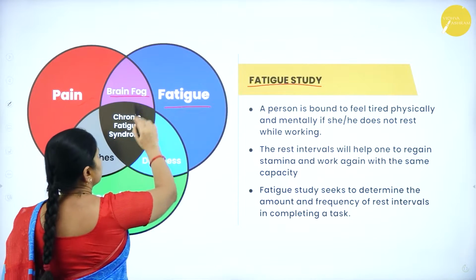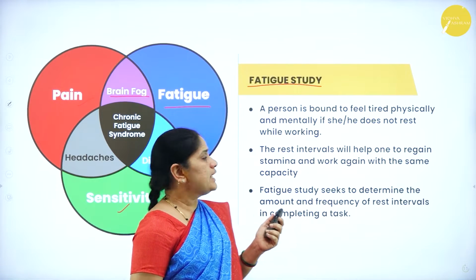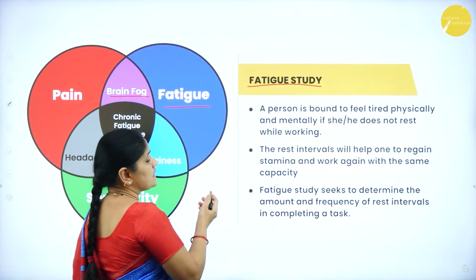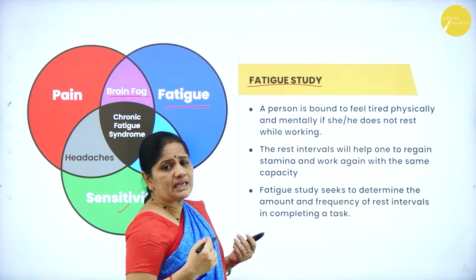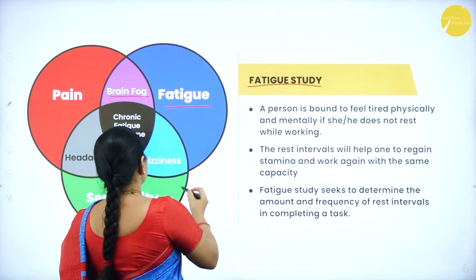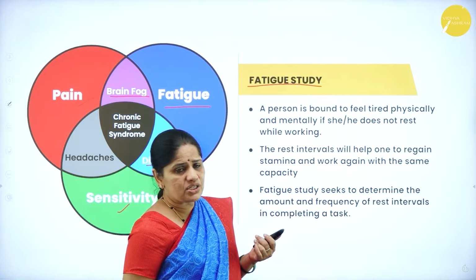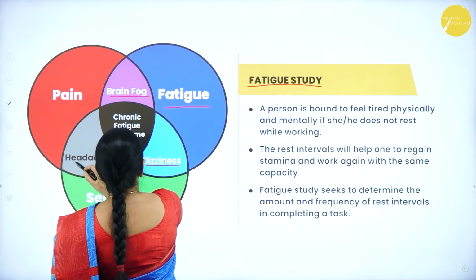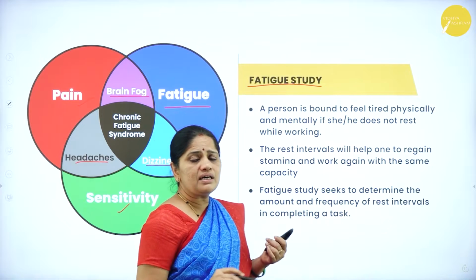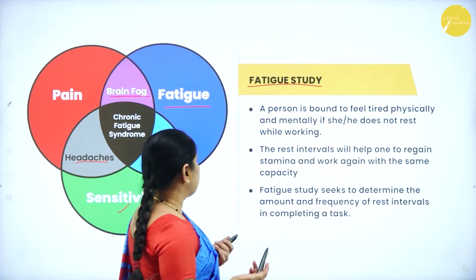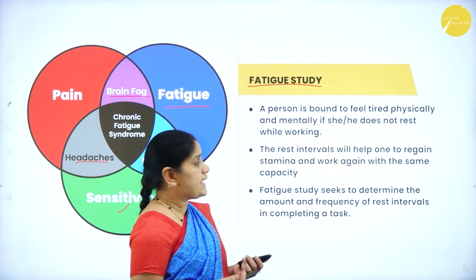The brain fog. Once he is tired, he will have brain fog. That is, his thinking capacity will come down. Then he will also face dizziness. That means he cannot stand straight, and then he will suffer headaches also. So these are all the after effects of having fatigue or body exhaustion.